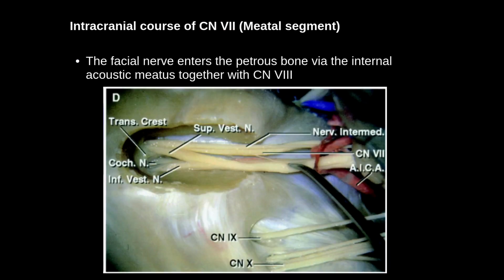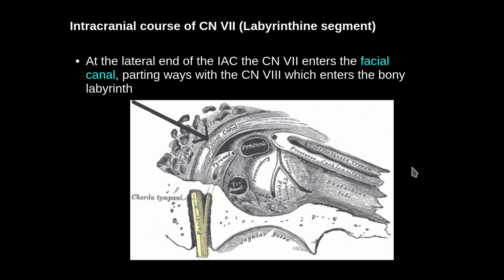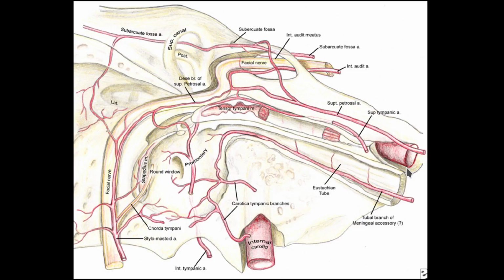After that, the facial nerve will go into your very hard petrous bone and form its own canal, the facial canal. Whereas the cranial nerve 8 will now reach its target, which is the labyrinth. Right? Just flashing pictures. We don't need to dwell so much on this.